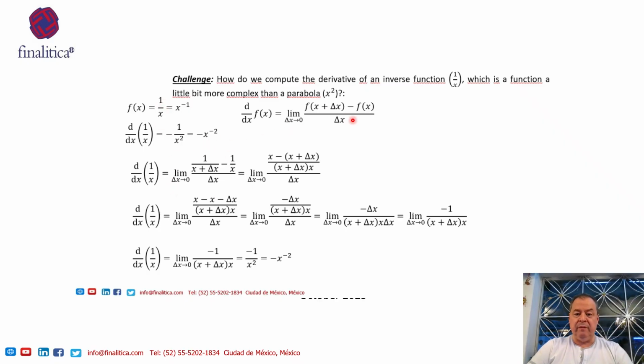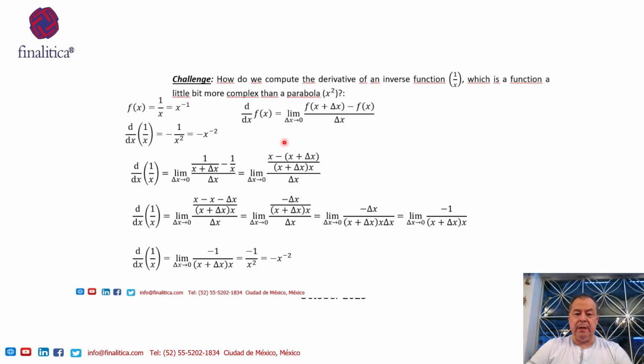Basically, if we follow this definition, we have to increase the original function 1 divided by x by a small increment. So 1 divided by x plus delta x, okay? And then we have to subtract the original function, which is 1 divided by x. So that's what we have here. And we divide all this by delta x, okay?